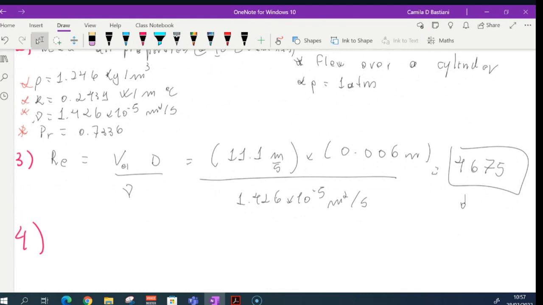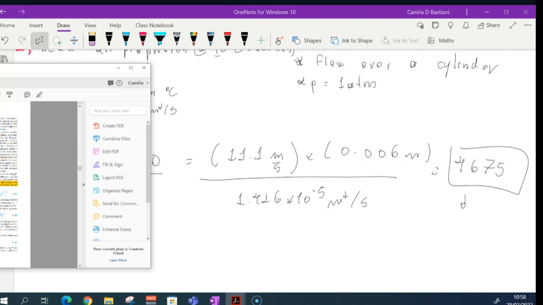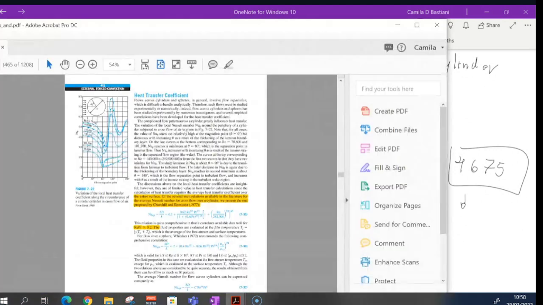For flow across a cylinder in this case, turbulent or laminar? I just want to show you something.